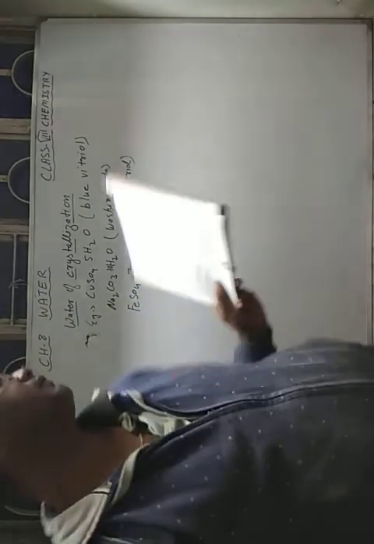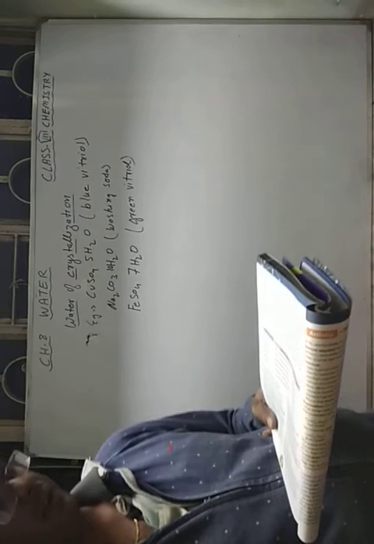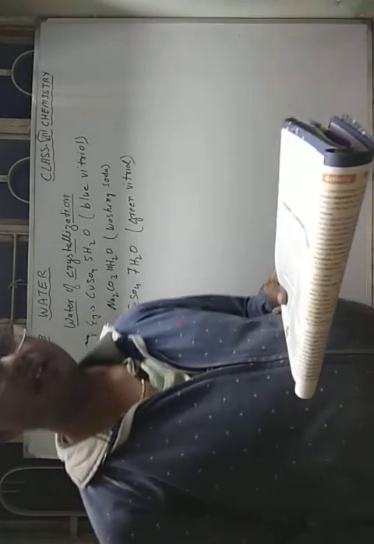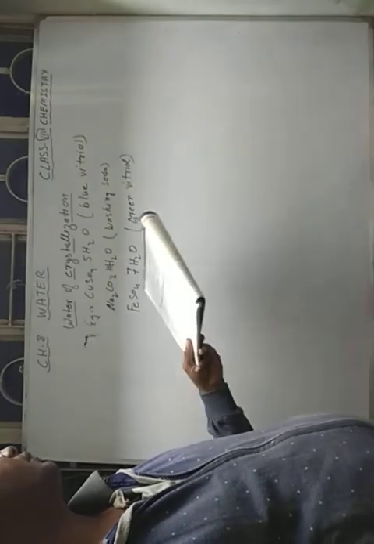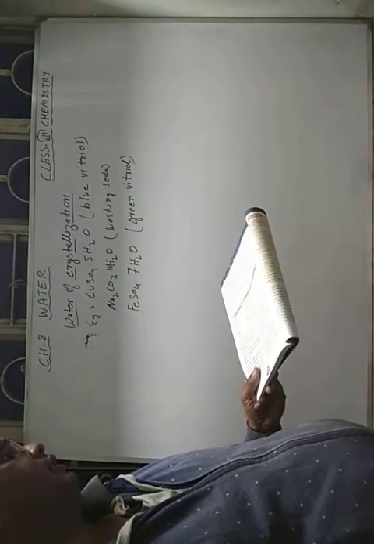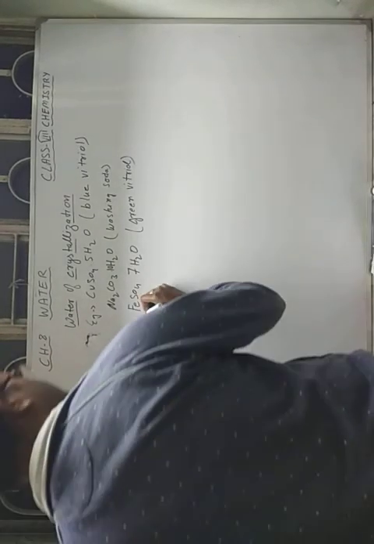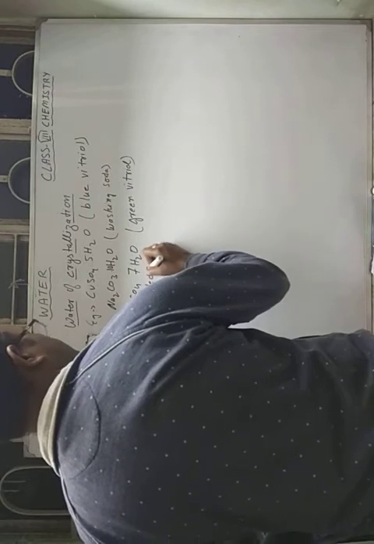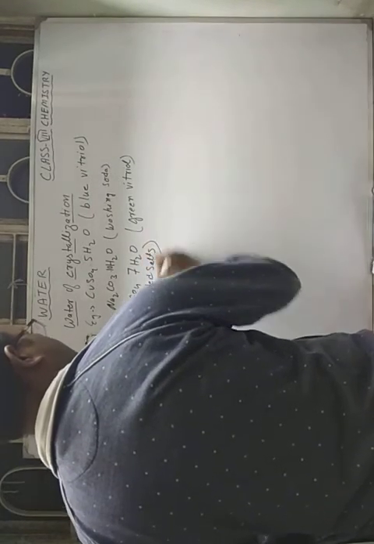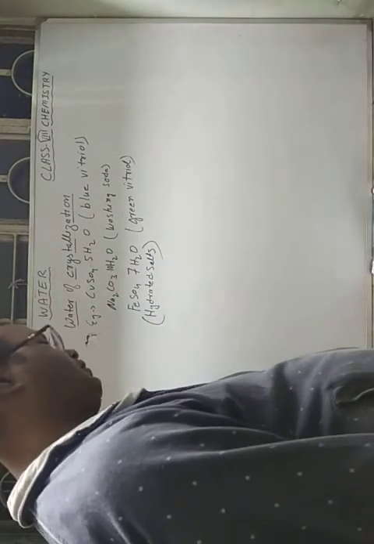So when you heat them, they can easily lose this water of crystallization. Salts containing water of crystallization are known as hydrated salts, because they contain water molecules in them.